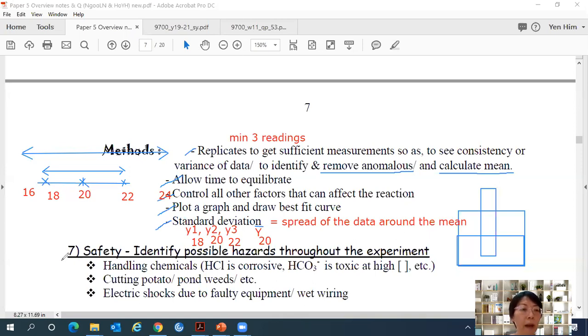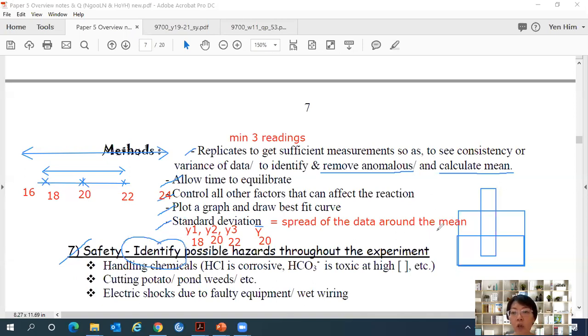Now the next thing is safety. For every experiment, you need to write at least one sentence in your experimental design or plan to talk about safety precautions. That means you need to identify the possible hazards for this particular experiment.